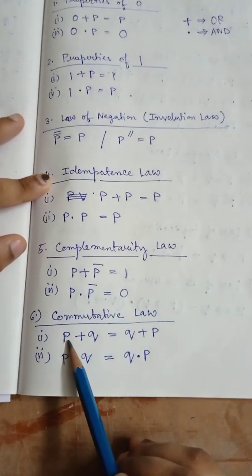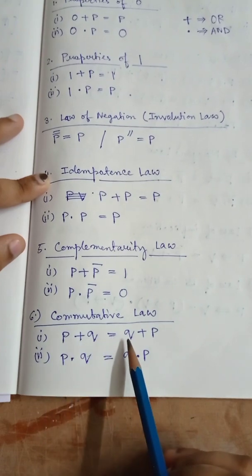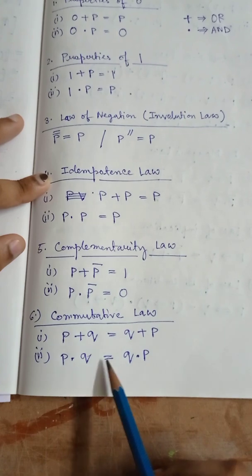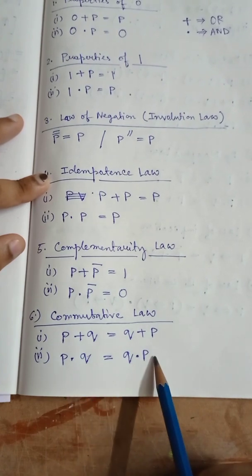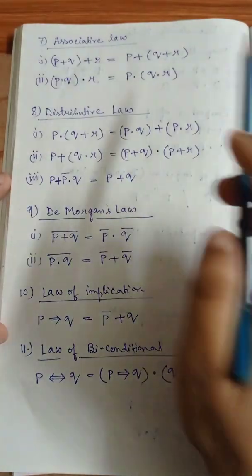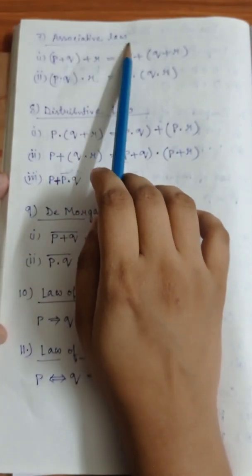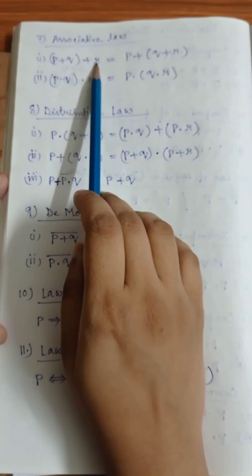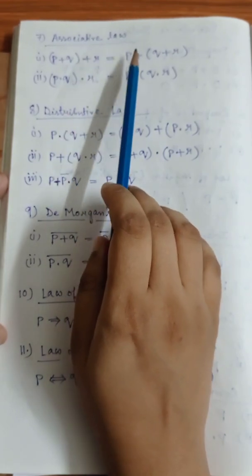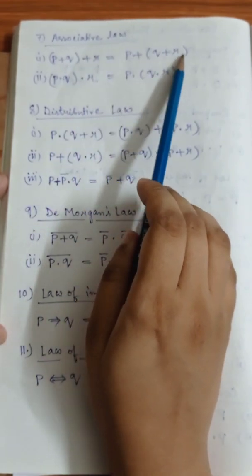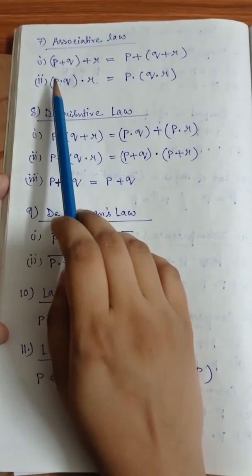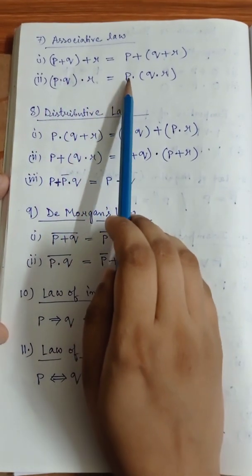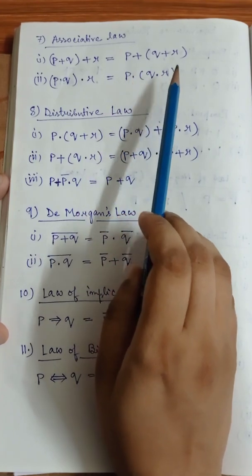So first is P plus Q is equivalent to Q plus P and P dot Q is equivalent to Q dot P. Next is associative law. P plus Q plus R is equivalent to P plus Q plus R. Next is P dot Q dot R is equivalent to P dot Q dot R.